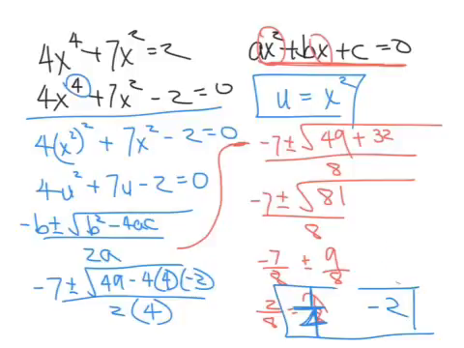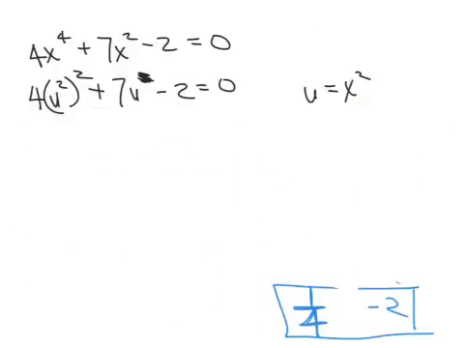So let's get rid of a bunch of the stuff here. Alright, so I got rid of all that work there, and this is what we started with, the original. We put a u in for x squared. So whenever we saw an x squared, we put a u, and that was an x squared squared. So u equals x squared.